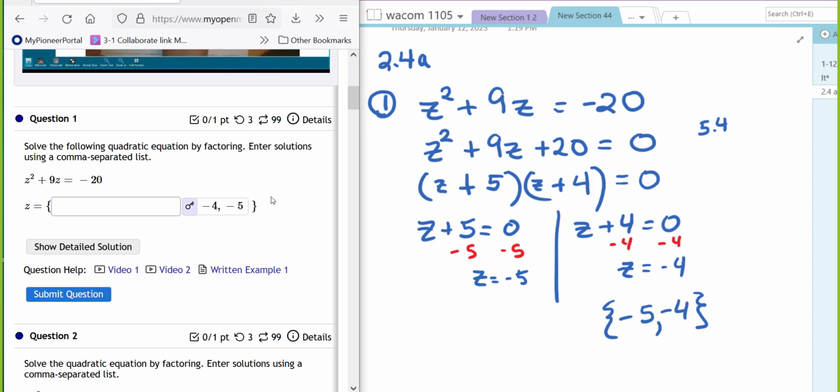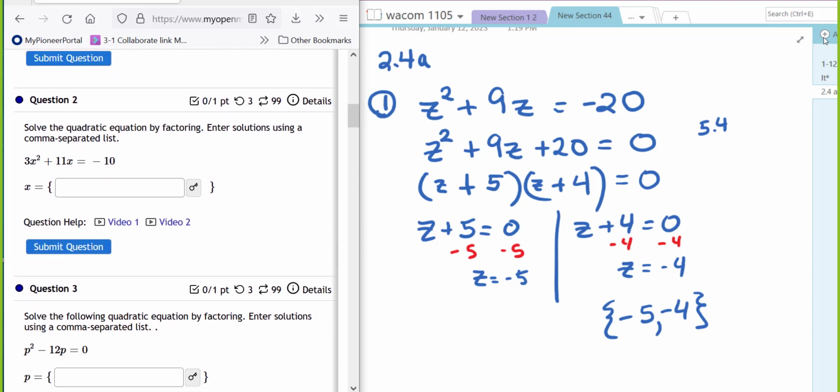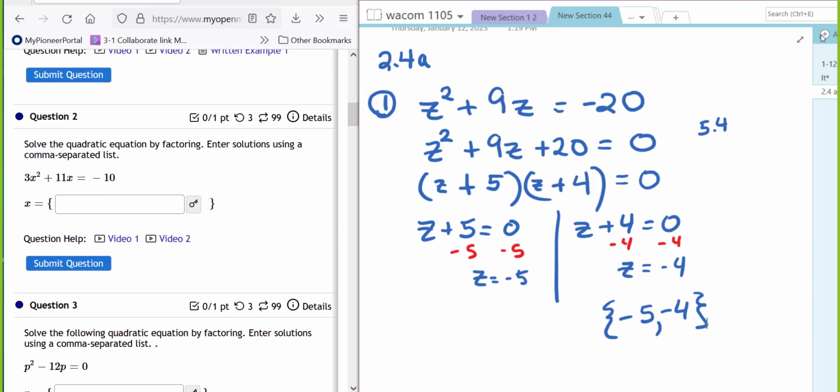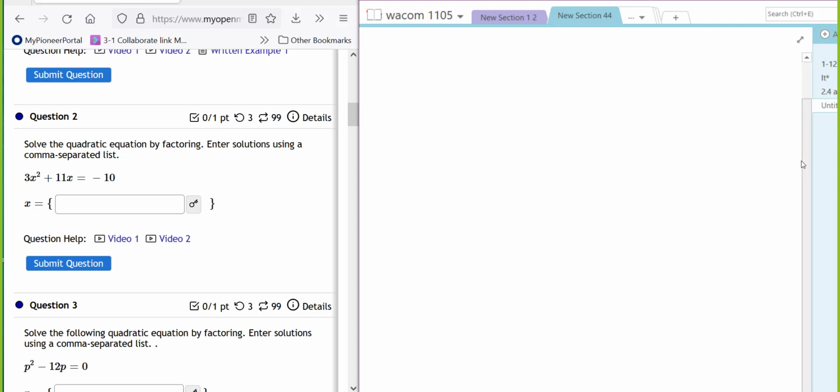I did pick the next one just to remind you about trinomials. And this one is not a nice trinomial because its leading coefficient is not 1.